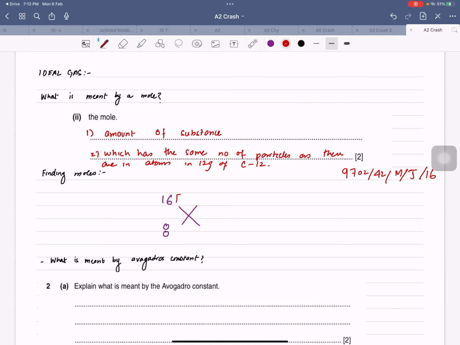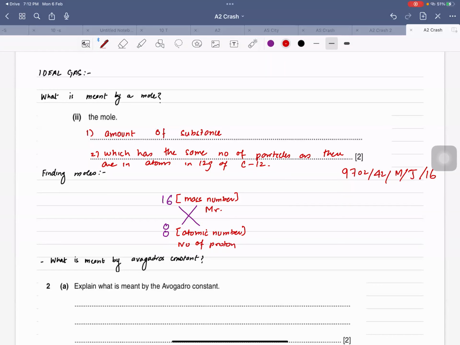This number basically is the mass number. And generally, chemistry people call it as MR, okay? And this number is the atomic number, which is basically the number of protons in it, all right?